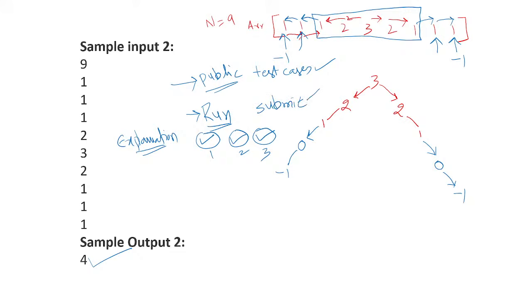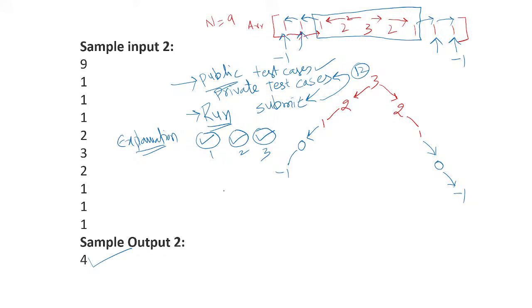When you click on submit, at the back end they will have private test cases, also called hidden test cases. When you submit, your code will be tested against these private test cases. From previous examinations it is known that there may be approximately 12 private test cases, and your code will be tested against all of them.